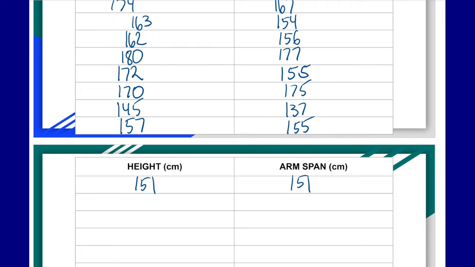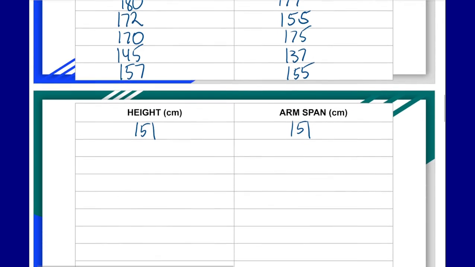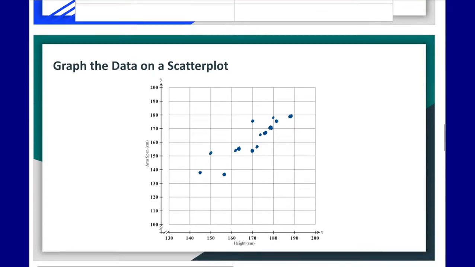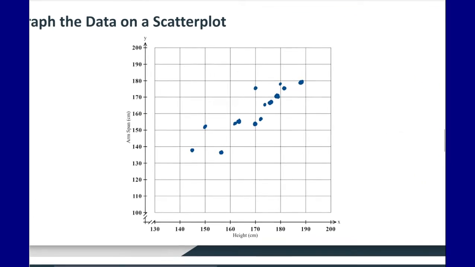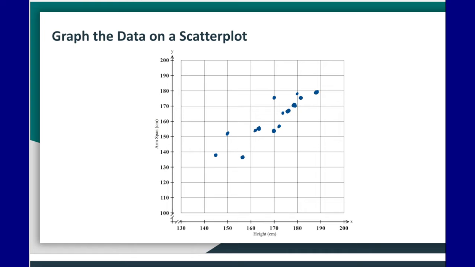So for each student, we have the height and the arm span. Those together make a point. And when we graph it, we should get something that appears like this. So this is our graph of the data of the height versus arm span. So each dot here represents an individual student, and it has two attributes associated with it.